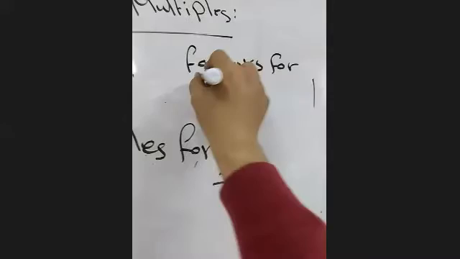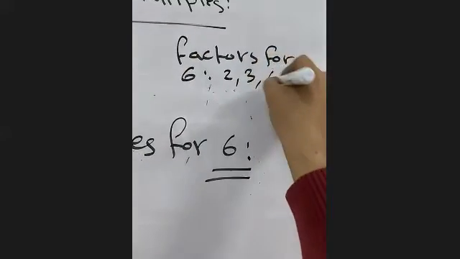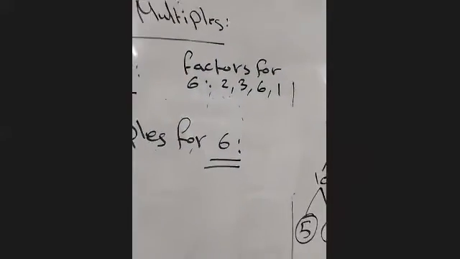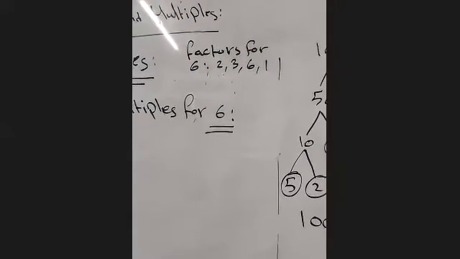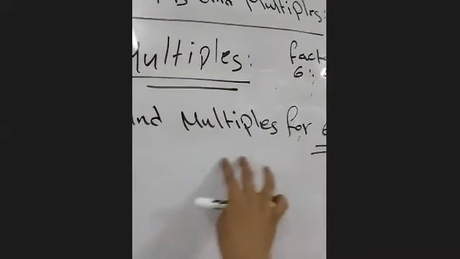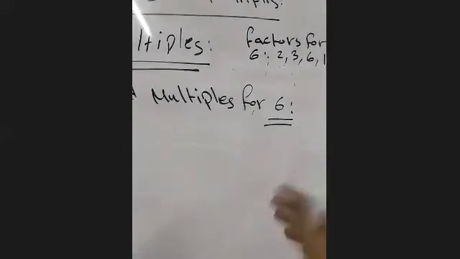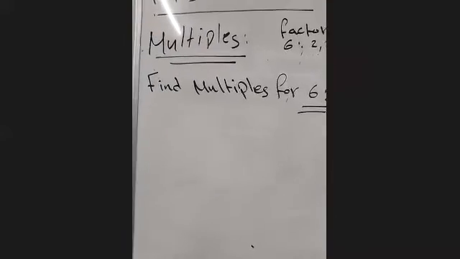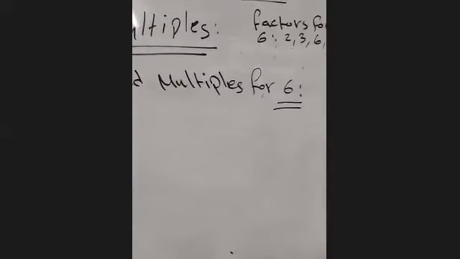Factors for 6 are 2, 3, 6 and 1, only factors. But now what do I want? Multiples. For multiples of 6, we depend on multiplication.